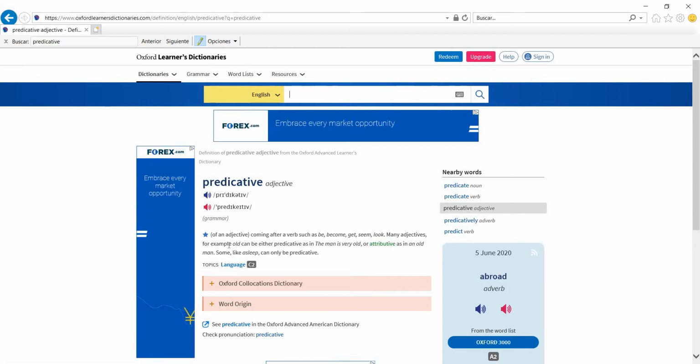And of course it says here that many adjectives like old can be predicative as in the man is very old, or attributive as in an old man, right? Now this is just a mere reference as to what to call an adjective, right? This is not that important. We'll see now a couple of fixed phrases with predicative adjectives that may be of use, right?